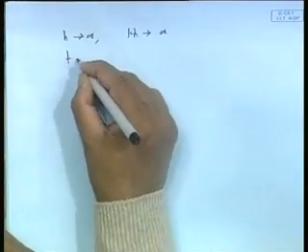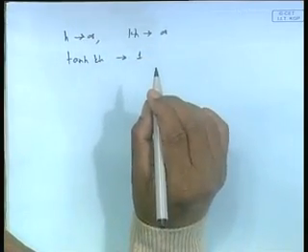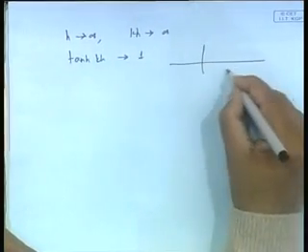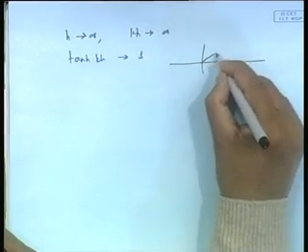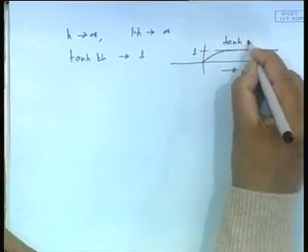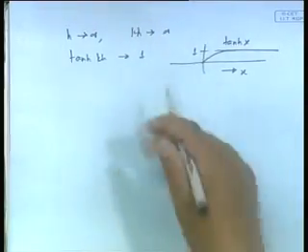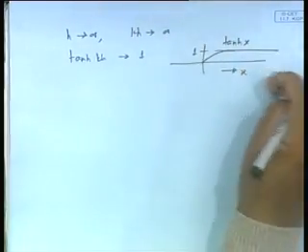Then tanh kh tends to 1, because if you write x here, the tanh graph looks something like that, it goes to 1, that is tanh x. And there are similar relations for sinh and cosh x for large values of x.